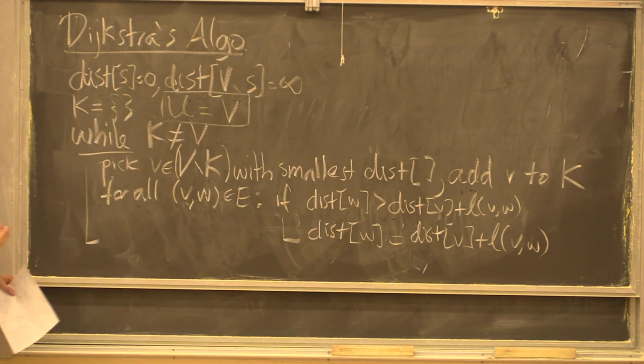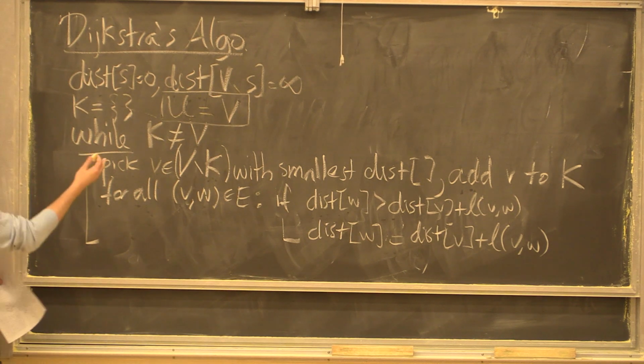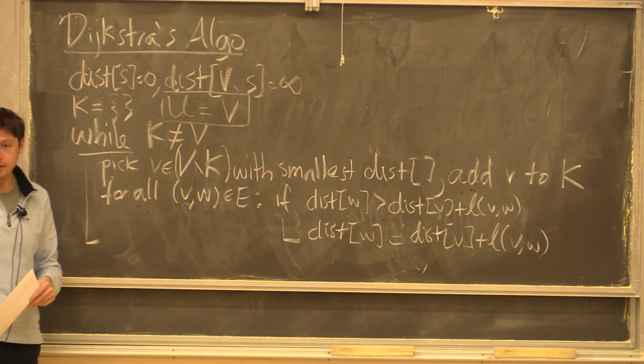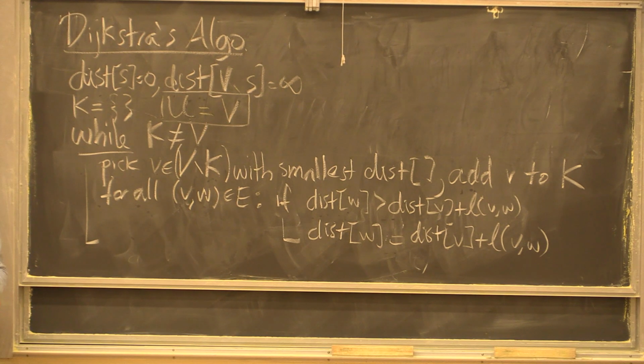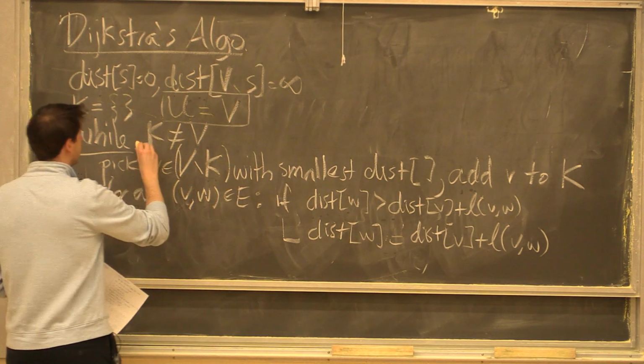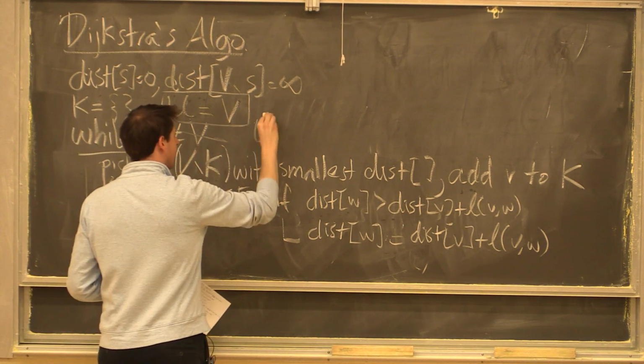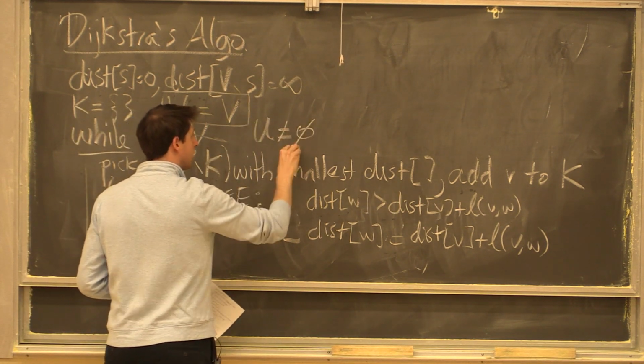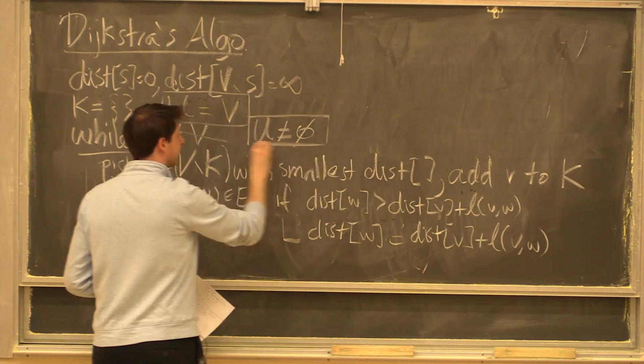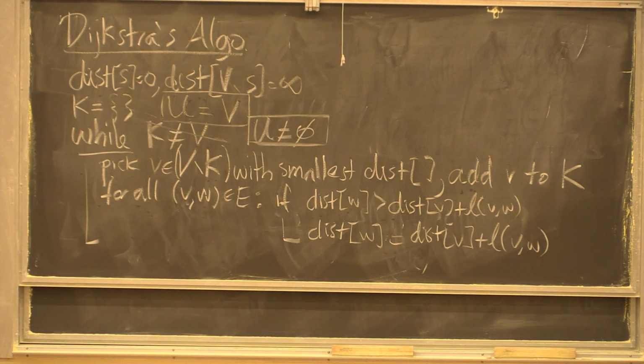So that's one change. Now my while loop, instead of stopping when my known region is everything, will stop when my unknown region is nothing. So I'm going to cross this out and replace it by saying U not equal to the empty set.